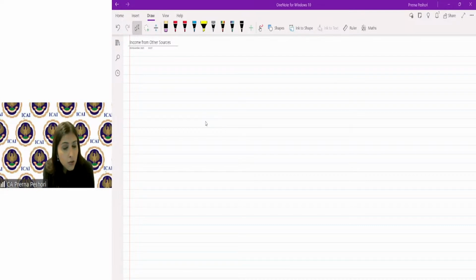Conversion of capital asset into stock in trade, the destruction of capital asset by natural calamity, then the admission of partner, the capital asset that he introduces, capital asset on the reconstitution of the firm, right? Then we saw 45(1A) for the ULIP, 45(1B), sorry, for the ULIP.